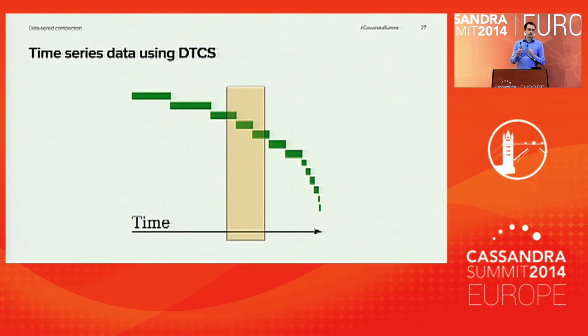Because what data compaction will do for you then is, since it groups the SS tables by date, at some point all the data in the oldest SS table will right away become expired from the TTL. And since that's the oldest SS table and there is nothing older, it can drop the entire SS table, just like that. So it's a very efficient way of getting rid of tombstones. And we're actually using data compaction in production right now for a cluster in this particular use case. And it works very well.